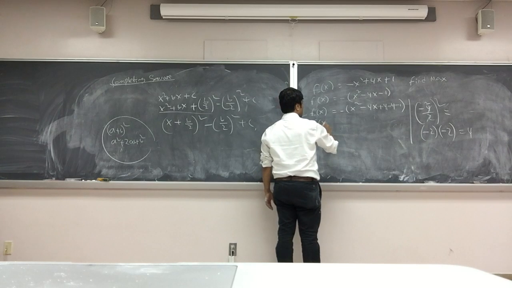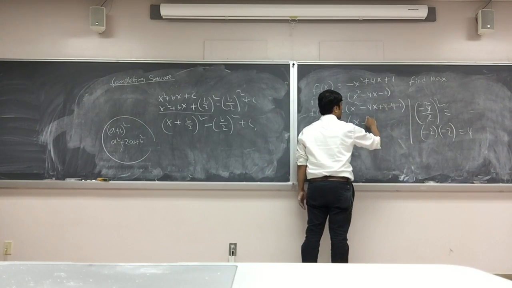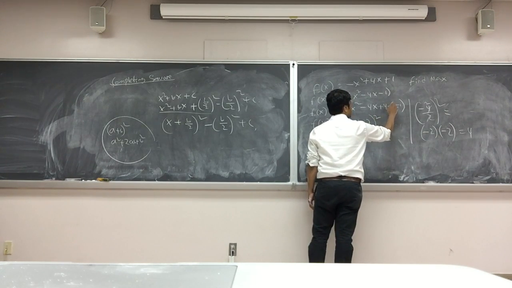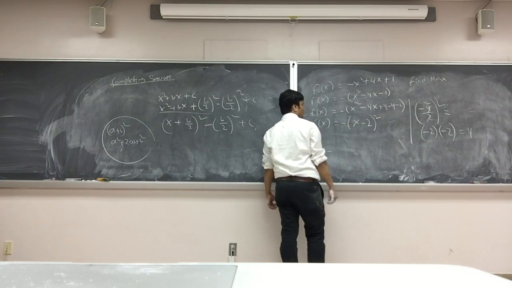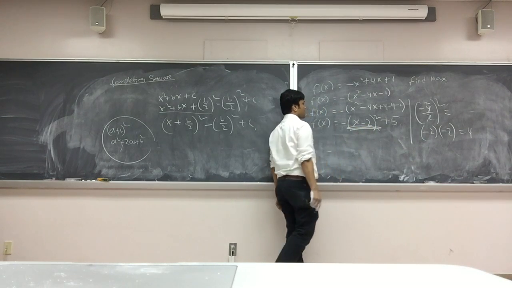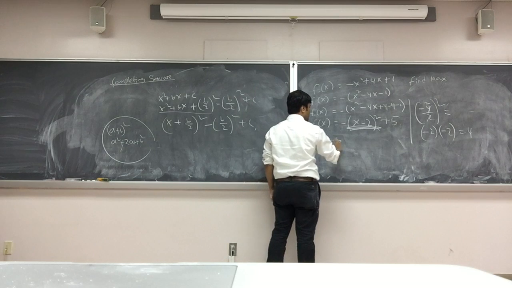F of x is equal to minus (x minus 2) squared, and minus 4 minus 1 is minus 5. You multiply with this minus, that would be plus 5. If you don't understand this part, you can see me after the class. This is basically using (a minus b) squared.